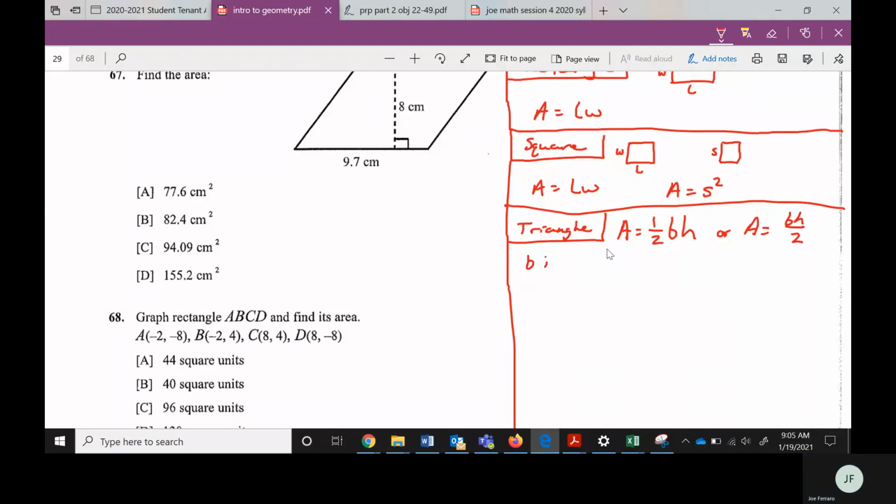B is what they call the base, and H, as almost always in math, is the height. So that's what they're called. Now let's look at how we use these.